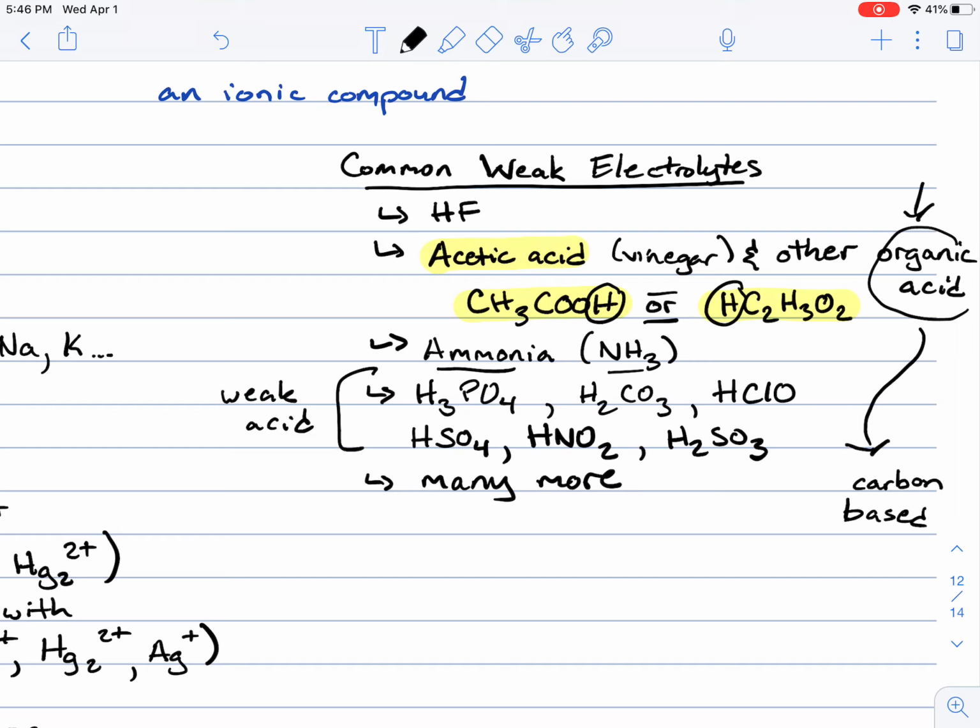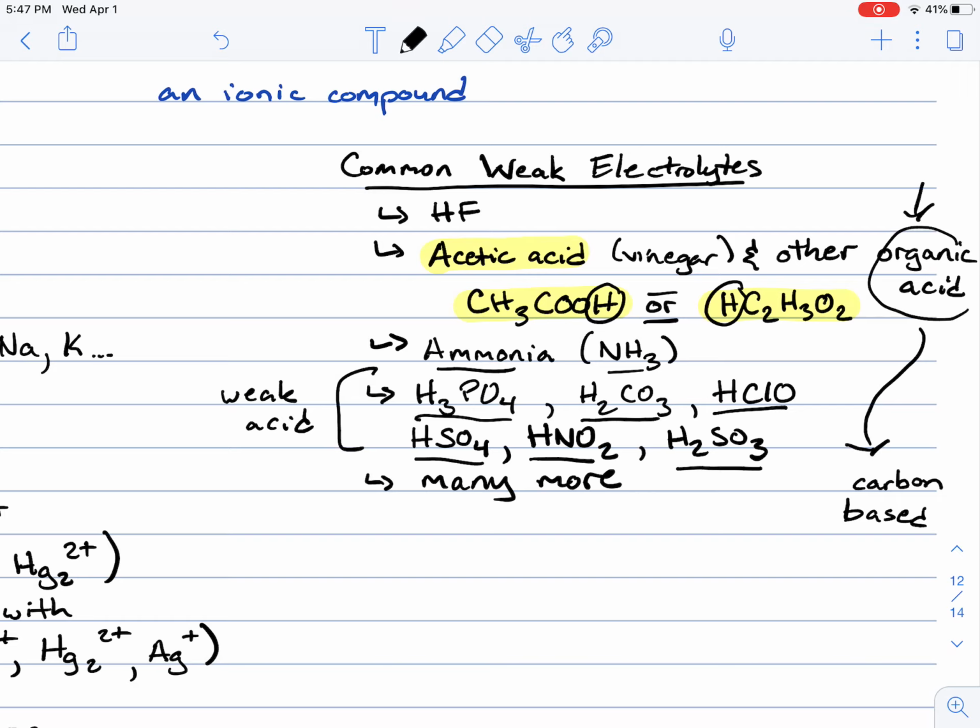So for example, here we have phosphoric acid, carbonic acid. This is going to be chlorous acid. Here we have HSO4, hydrogen sulfate. Here we have nitrous acid. And here we have sulfurous acid.